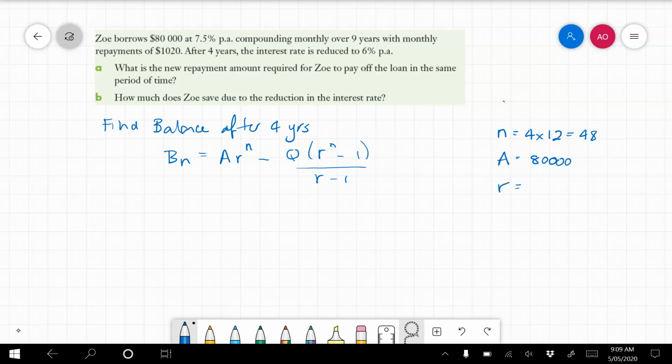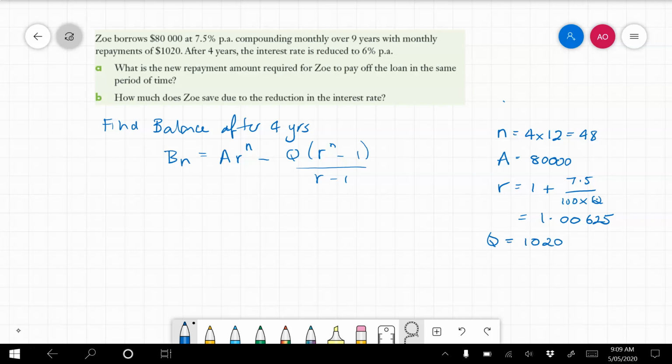R is equal to 1 plus the interest rate, 7.5 over 100 as a decimal, divided by the number of repayments per year, 12. This gives me 1.00625. Q is the only remaining variable, the repayments, which is 1,020.